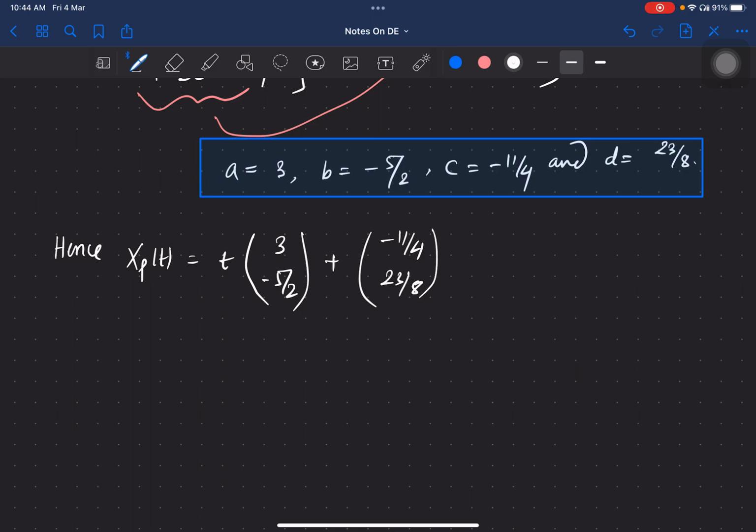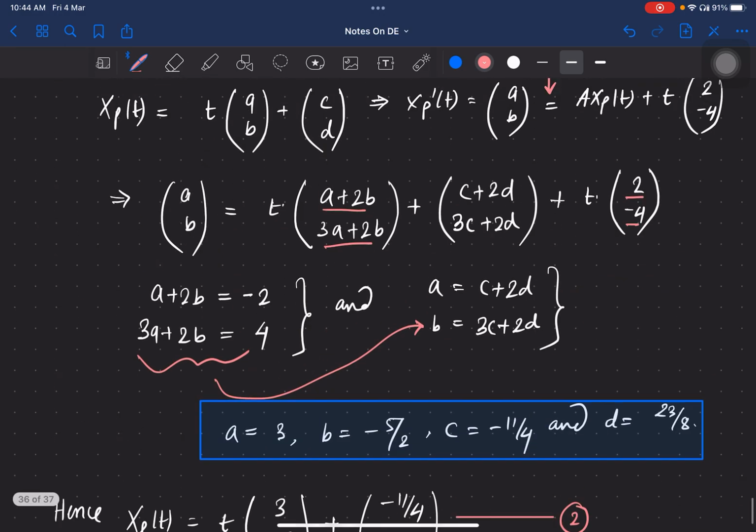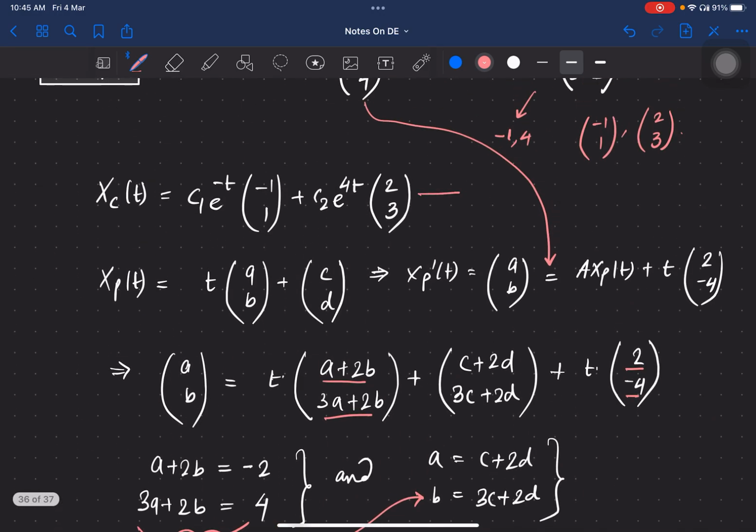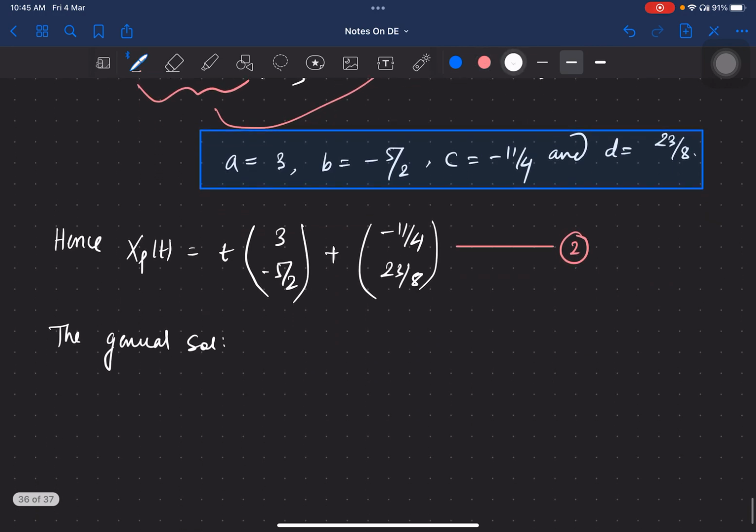So now once you have the particular solution, the general solution is, suppose this is 2 and this is 1. So general solution x(t) equal to, we know it's xc(t) plus xp(t).